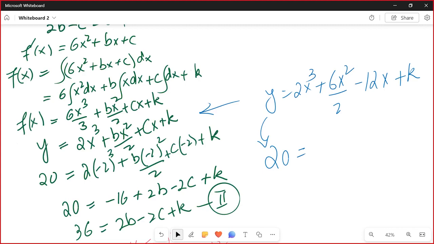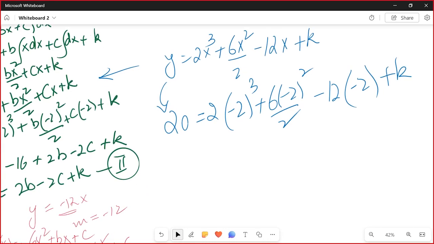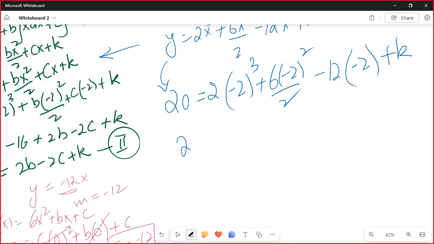So we can do that: 2 into minus 2 cube plus 6 into minus 2 square over 2 minus 12 into minus 2 plus k. That would give us k. So 20 is equal to minus 2 cube is minus 8, minus 16.